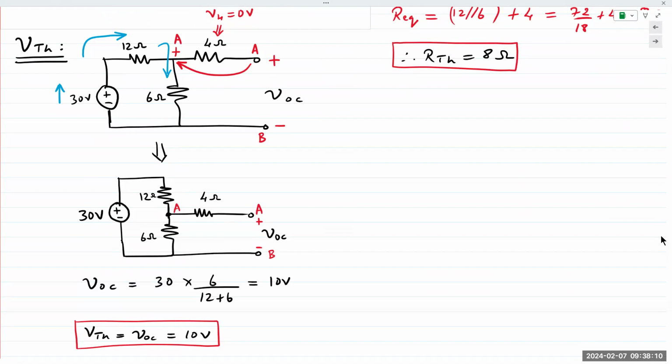Let's say we get either RTH or VOC or VTH incorrect. So if you get one of these two incorrect, then the third quantity will also be incorrect if you apply Ohm's law directly. And that is another reason why we need to find the third quantity independently. Okay. So if there are no more questions for VOC, I'll move on to Norton current.